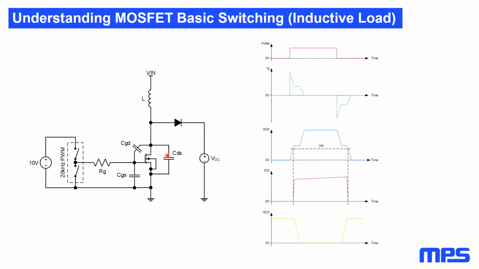To gain a better understanding of the fundamental procedure, we will neglect the parasitic inductances present in this circuit. In the first step, the input capacitance of the device is charged from 0 to the threshold voltage, named VTH. During this interval, most of the gate current is charging the CGS capacitor.